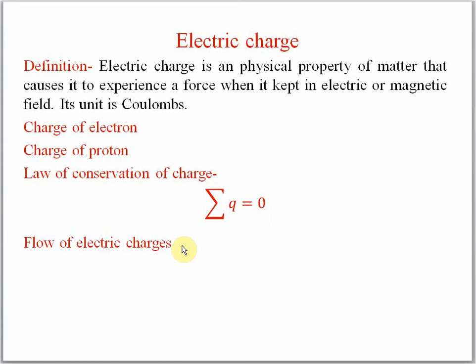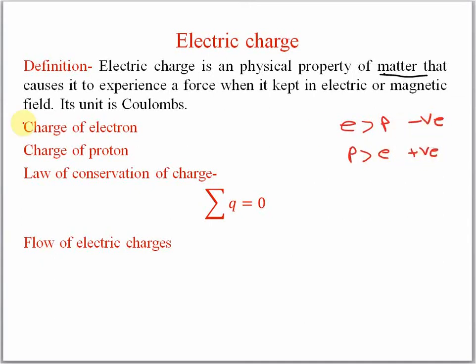Here I'm talking about matter. This matter consists of electrons and protons. If there are more electrons in comparison to protons, then our matter carries a negative charge, and if there are more protons than electrons, then our matter carries a positive charge.